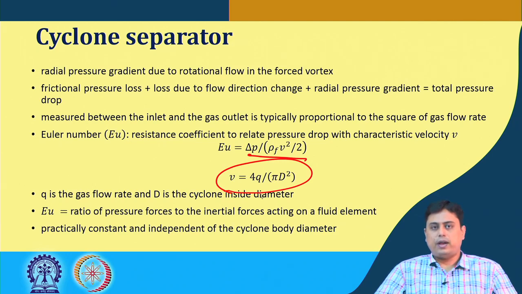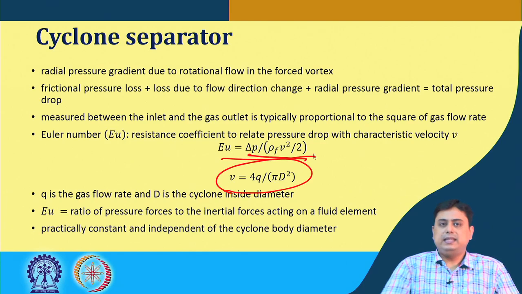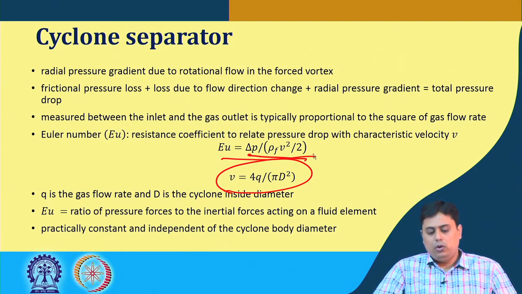So, flow rate divided by the cross sectional area in case of a circular cross section. So, this is the characteristic velocity of a cyclone separator, and if you look at this expression, the physical meaning of the Euler number is that it is the ratio of pressure forces to the inertial forces acting on a fluid element.